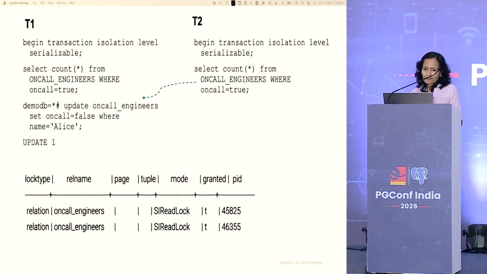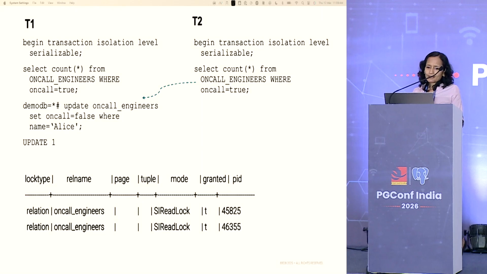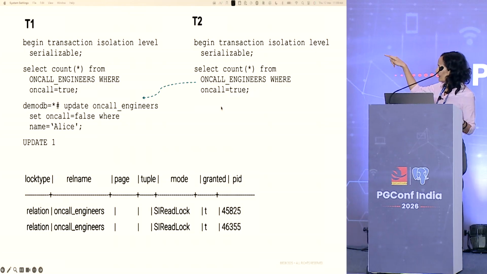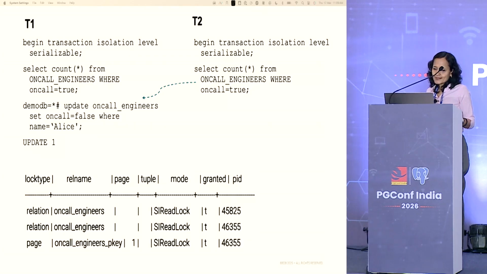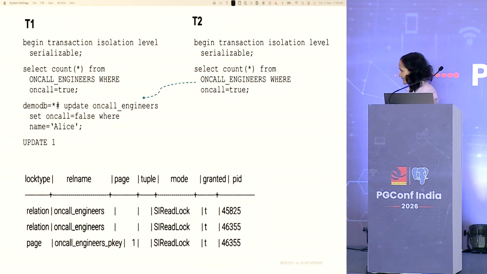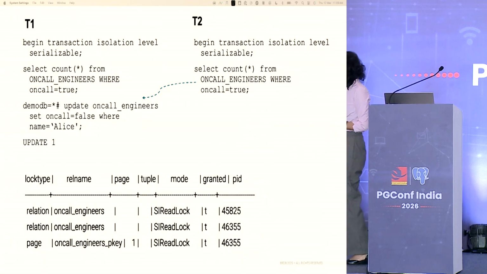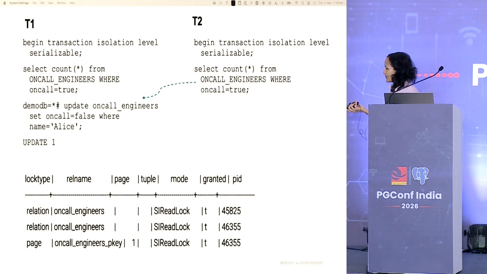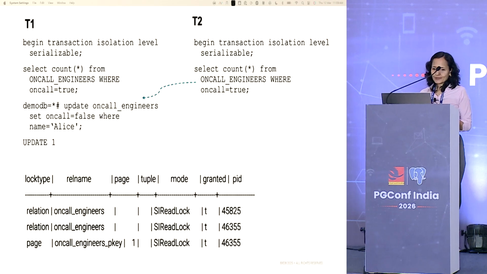At this point, the update will notice that there is already an SI read lock taken on the row that it is updating, and it will mark the in conflict of T1 and out conflict of T2. And similarly, we see the SI read lock on the page taken, because we scanned the page and we take that SI read lock.